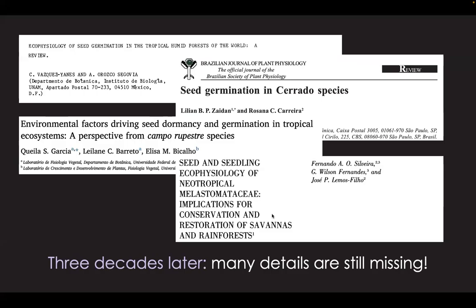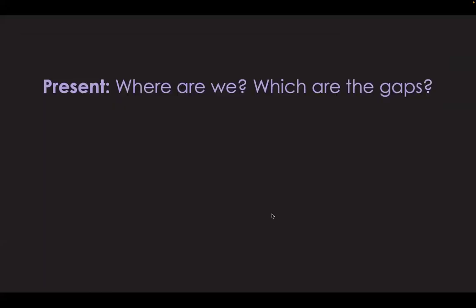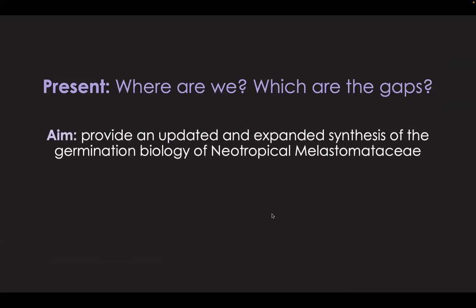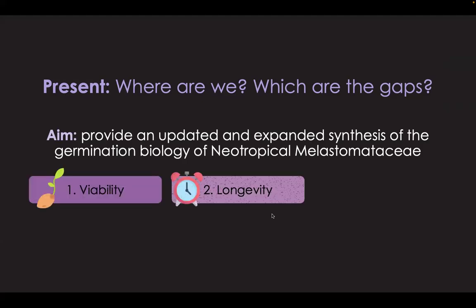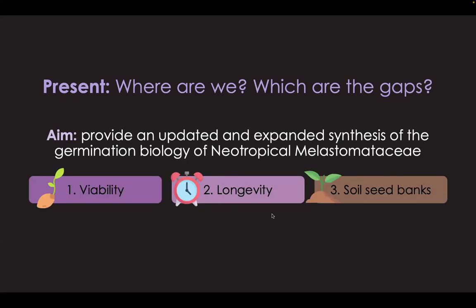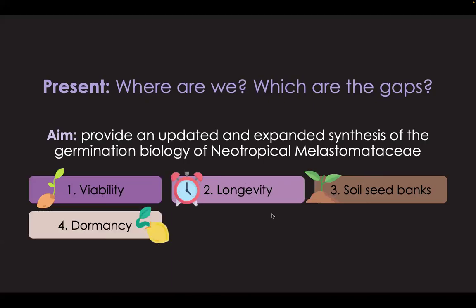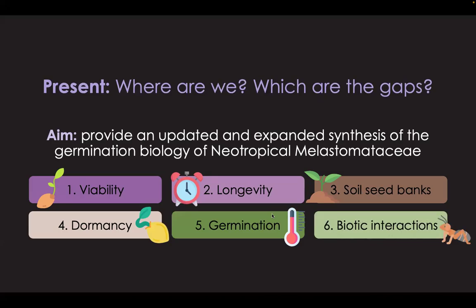So precisely for this book chapter that will lead us to the present of the study of germination ecology in Melastomataceae, we aim to provide an updated and expanded synthesis on the germination biology of Neotropical Melastomataceae, and we focus on six specific topics, which were seed viability, seed longevity, soil seed banks, seed dormancy, seed germination, and biotic interactions.